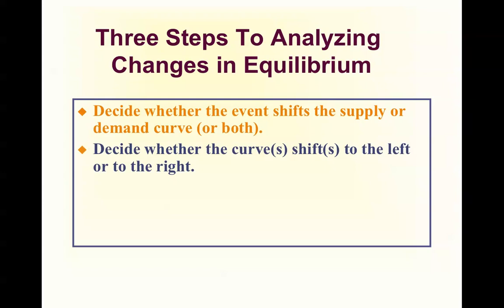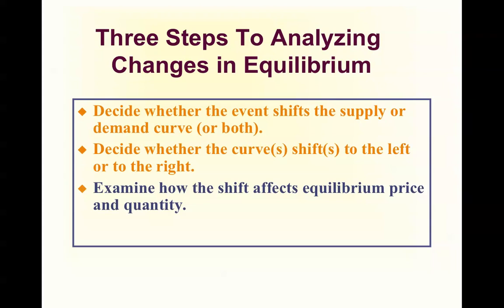Number 2, decide whether the curve shifts to the left or to the right. Is there an increase? Is there a decrease? Remember, increases are always a shift to the right, decreases always a shift to the left. Then, once that happens, you examine how the shift affects equilibrium, price, and quantity.